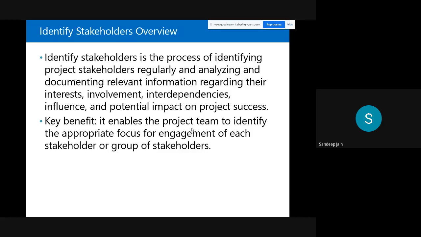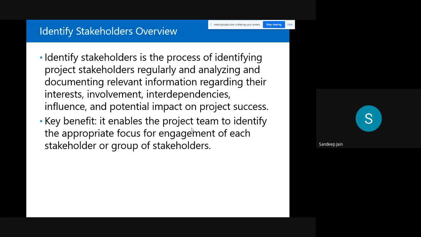And sometimes what happens, the pitfalls in identifying stakeholders is, for example, you're working for a client and the client has got multiple managers. And there's one manager with whom you deal directly, and there's another manager who's not directly involved. And you may ignore that manager.